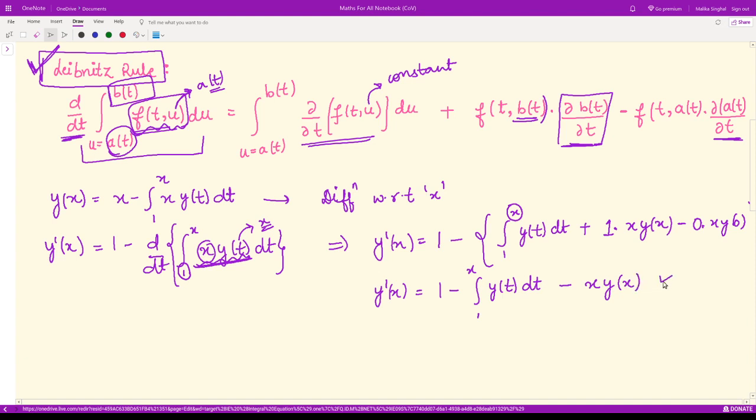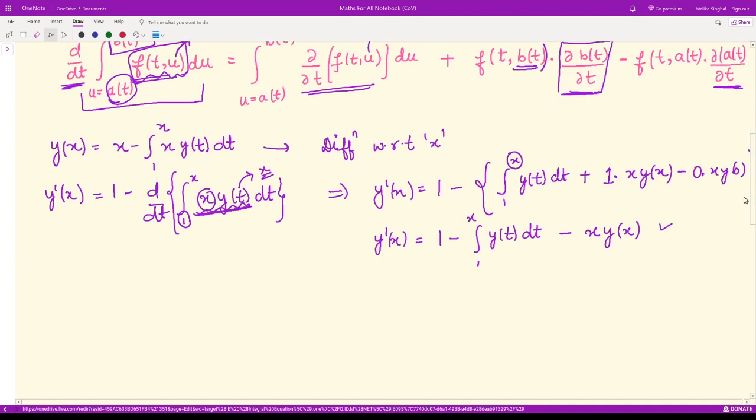So this is what we got. Now let us see what this value is. Our given equation is this one, right? We can write this equation as integration from 1 to x y t dt equal to x minus y of x.